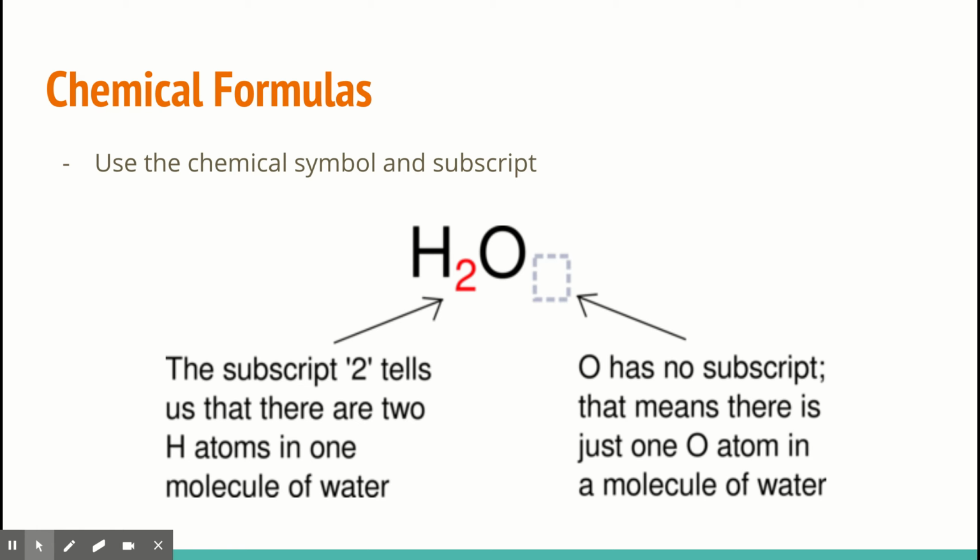But you'll notice that there is no subscript next to the O for oxygen. When there is not a subscript, that means there is just one atom. So in water, there is one atom of oxygen in the molecule because there is no subscript listed.